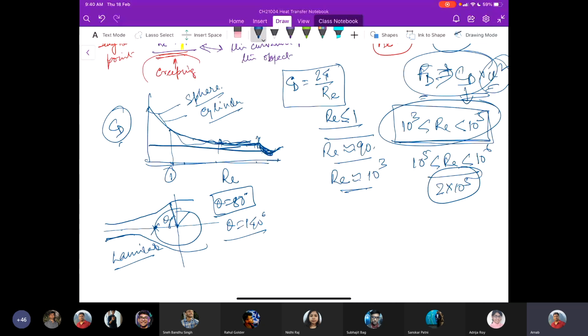That is why the separation point, or wake formation region, goes to the rear end of the body in the case of the turbulent boundary layer.